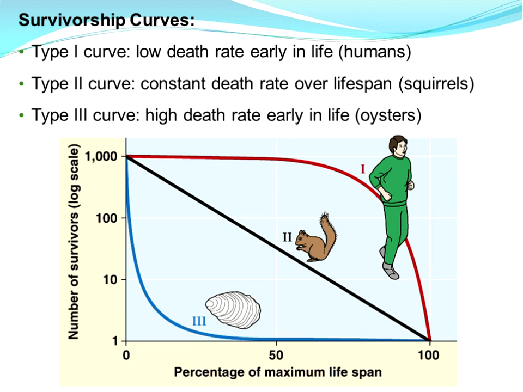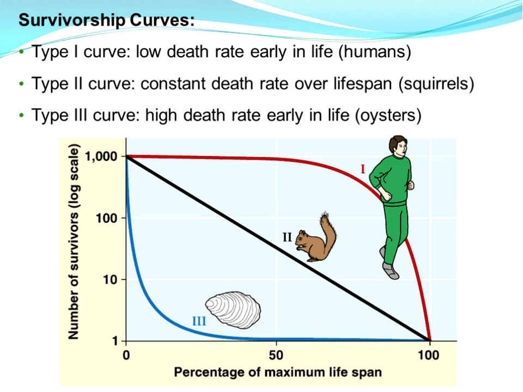A type 2 is a constant death rate over the lifespan. So basically the deaths and the births are happening at an equal rate. That's something like squirrels. That's going to have more of a straight line down from the number of population at birth to death.